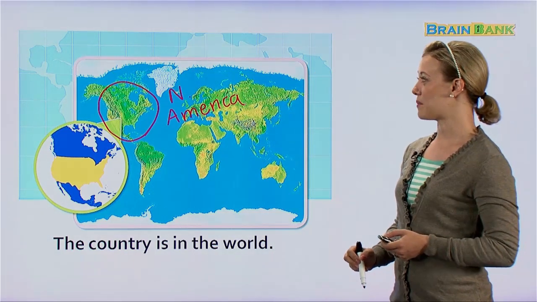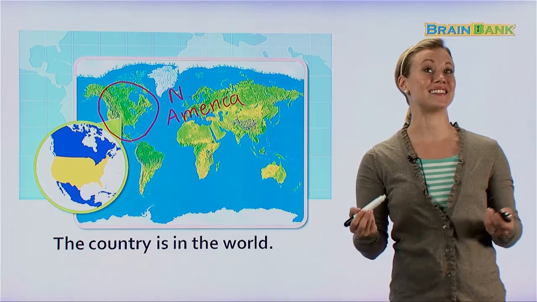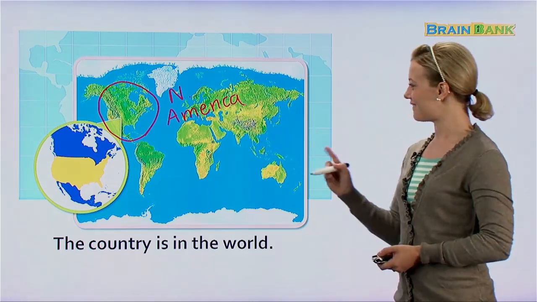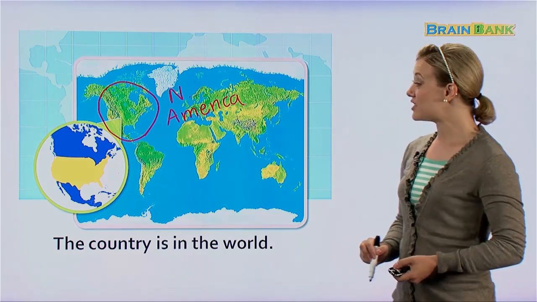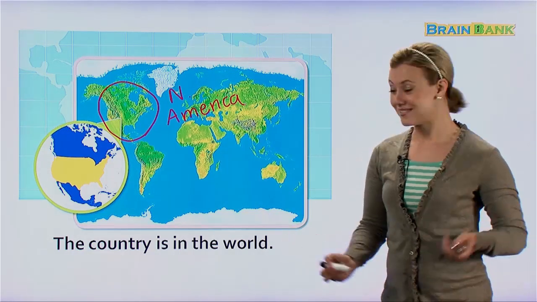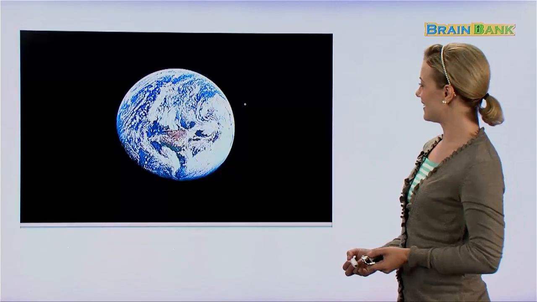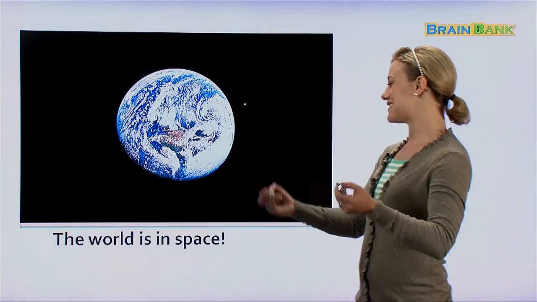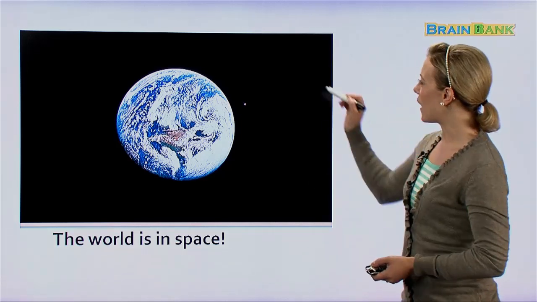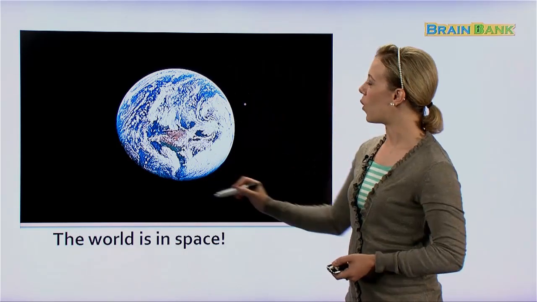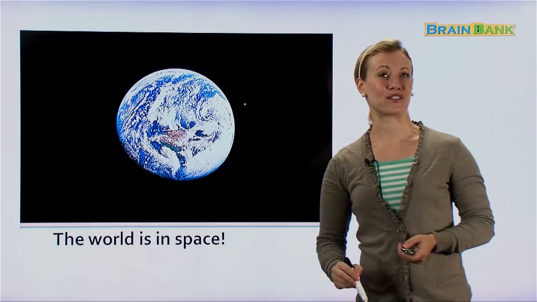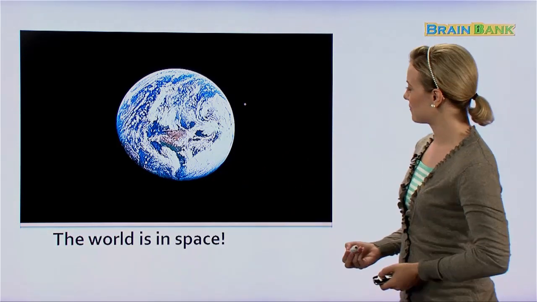So, we can remember the USA, or the United States of America, is in North America. Very good. And is there anything bigger than the world? Let's see. Ah, yes. The world is in space. So in outer space, in the whole galaxy, you can see the planet Earth, our world, our Earth.